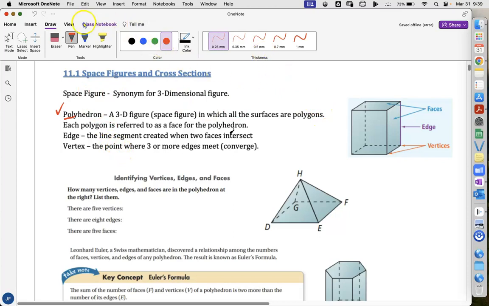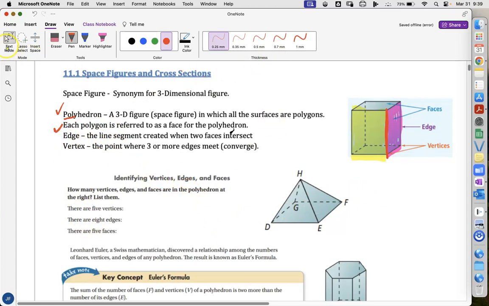So if I'm looking at this front polygon, that front face, and I also want to look at this right face right here, then where they come together, that red segment right there, would be referred to as an edge.